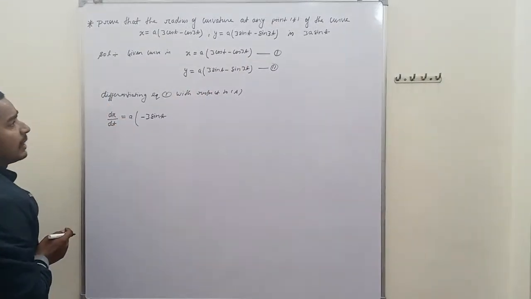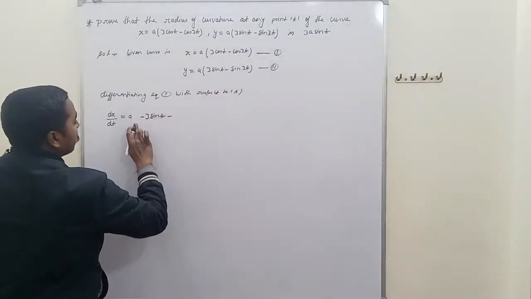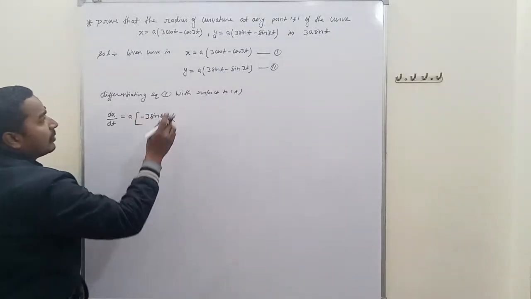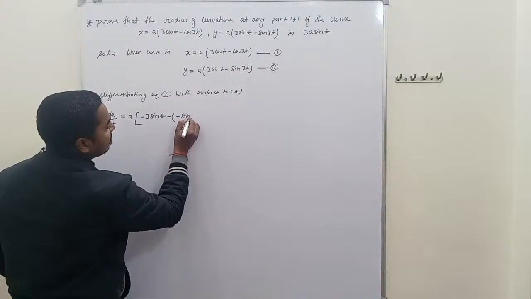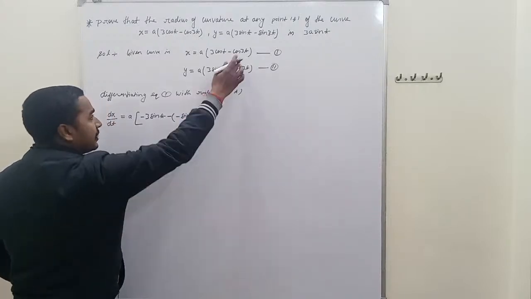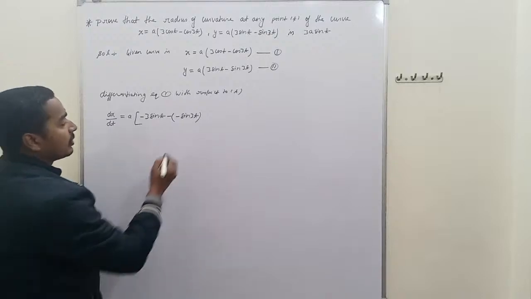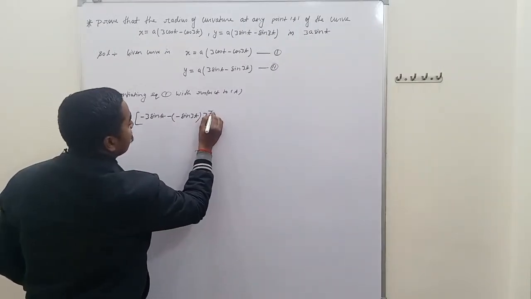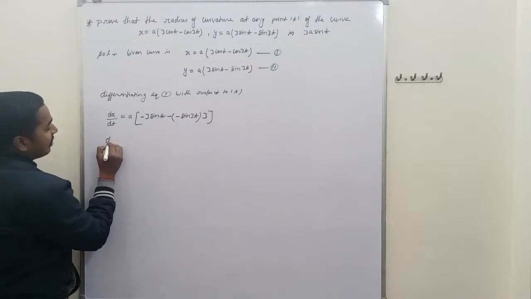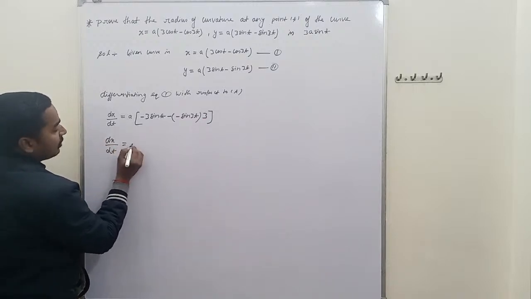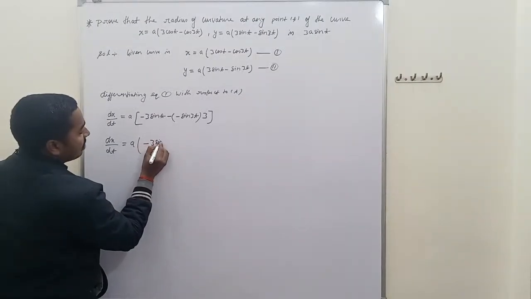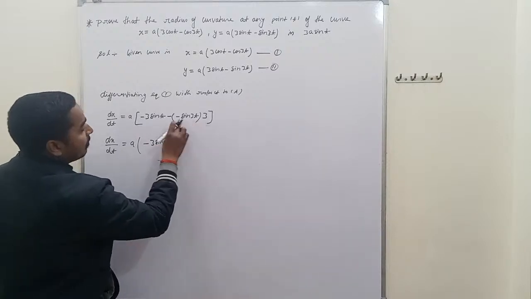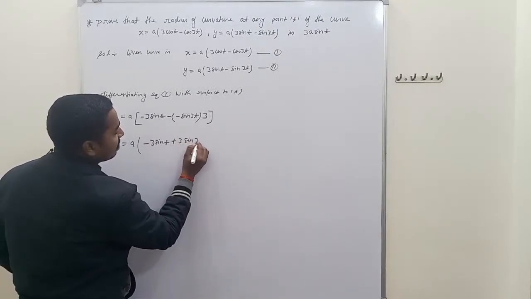Differentiating cos 3t, minus is already present here, and cos 3t differentiates to minus sin 3t, and differentiating 3t with respect to t gives 3. Further we have to solve. This is dx/dt = a(−3 sin t + 3 sin 3t).